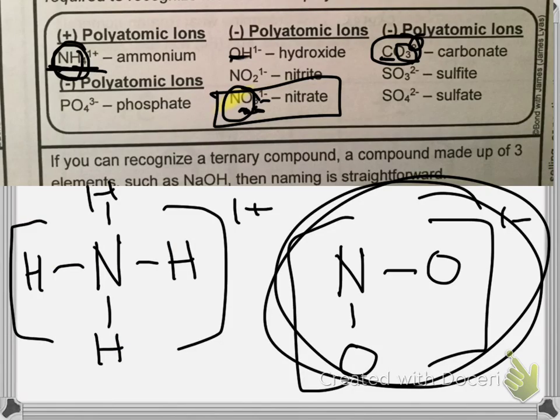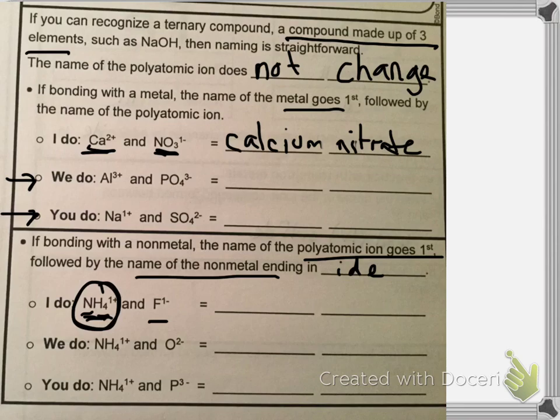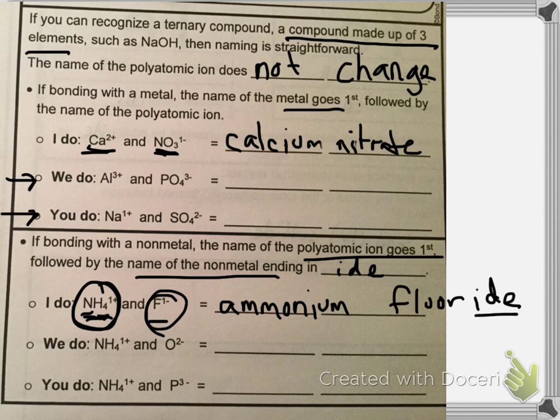So let's go back, and here we find NH4 with a 1+ charge. That's ammonium. So this will be ammonium. And here is our nonmetal. So it's fluor, and then we change the ending to -ide, fluoride. So ammonium fluoride. Go ahead and do these other 2. Then check your answers with Mrs. Lehman.